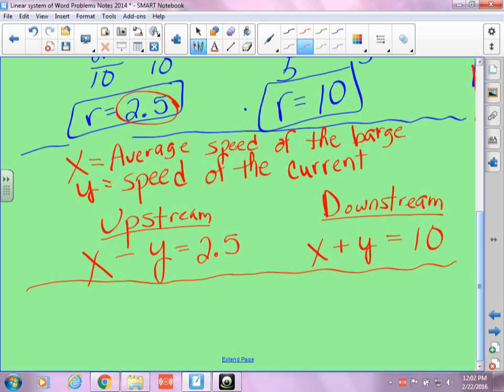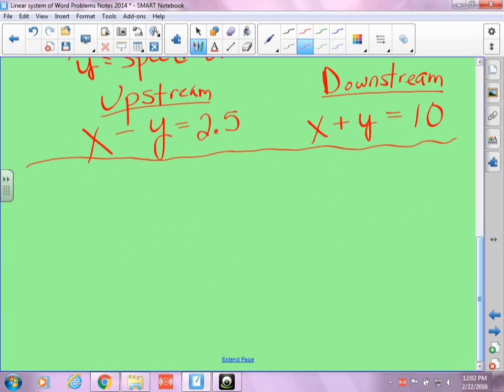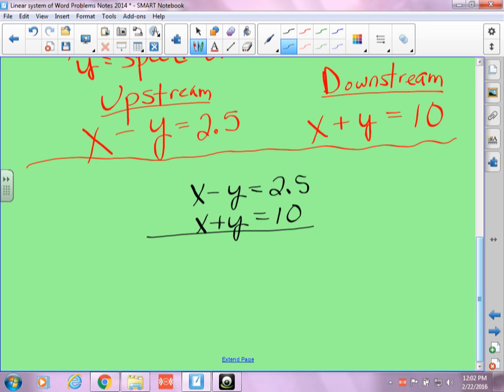So I read my problem, I defined my variables, I came up with my equations. Now what am I going to do? I'm going to solve to find out what my answers are. So x minus y equals 2.5. x plus y gives me 10. I'm going to subtract. Or, you know what?